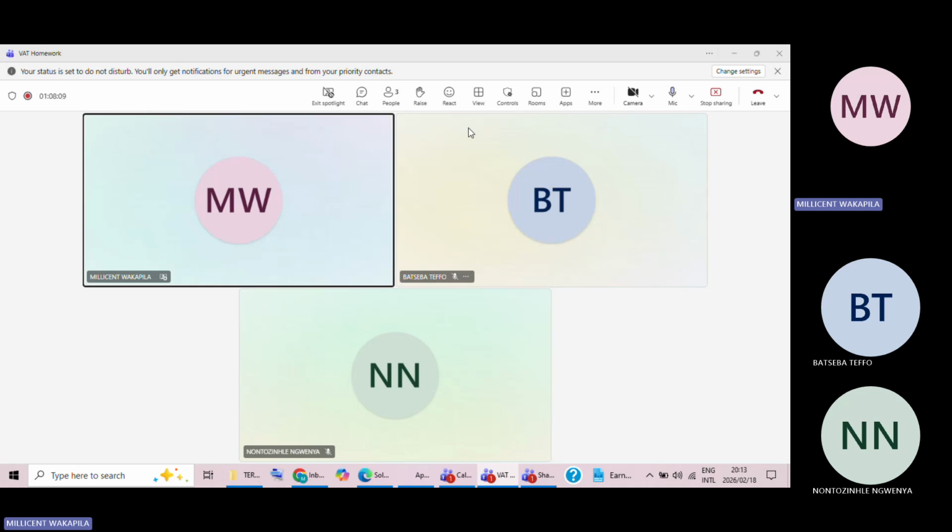Okay, so another thing that we touched on, if you have it by your UJ slides, I want you guys to open it and put it on the side, because we're gonna use it when we're doing the question, right? So if you remember, there is a table in our slides on Monday, the one that showed the standard rated supplies, the zero rated supplies, and the exempt supplies.